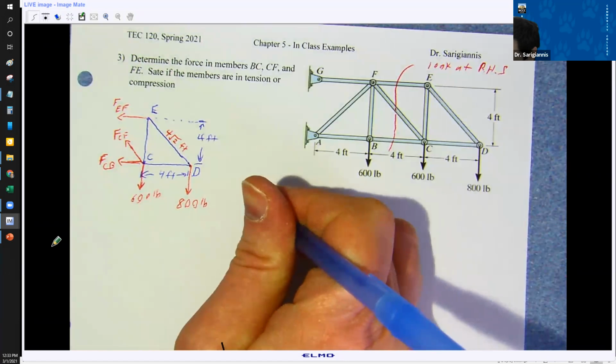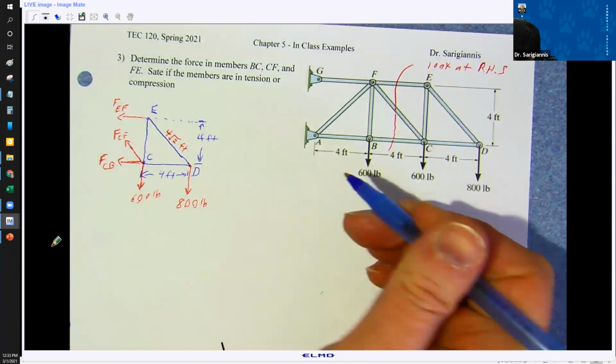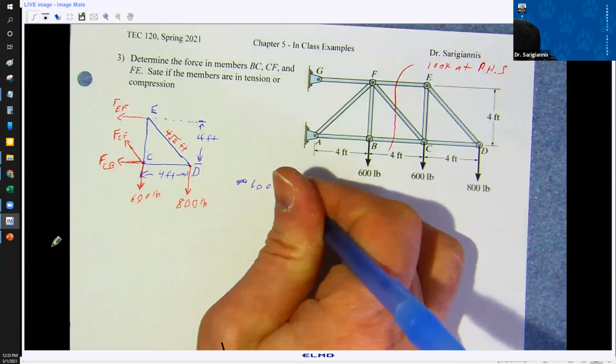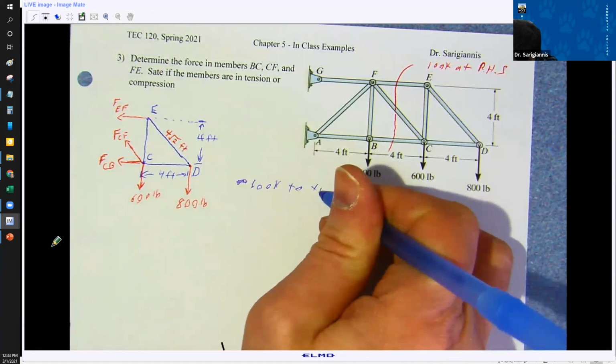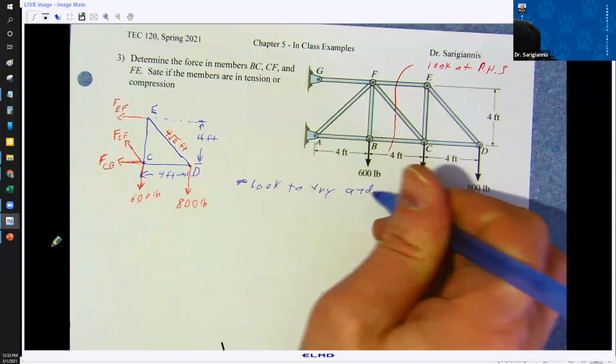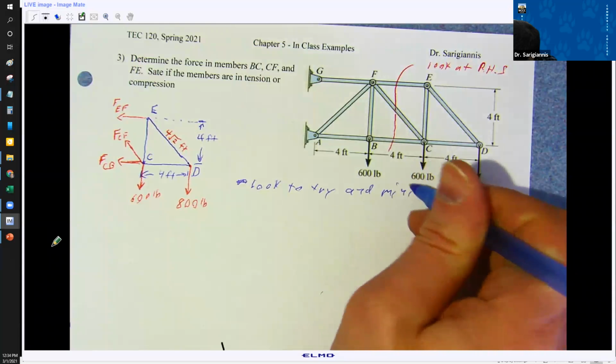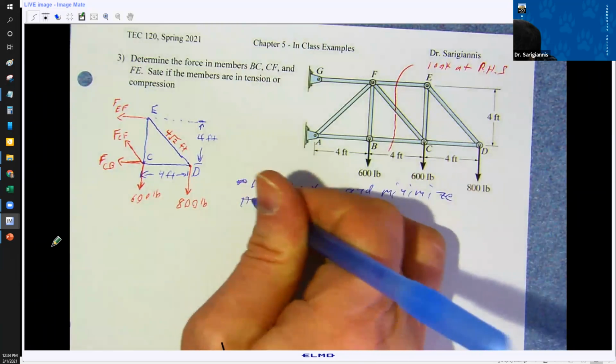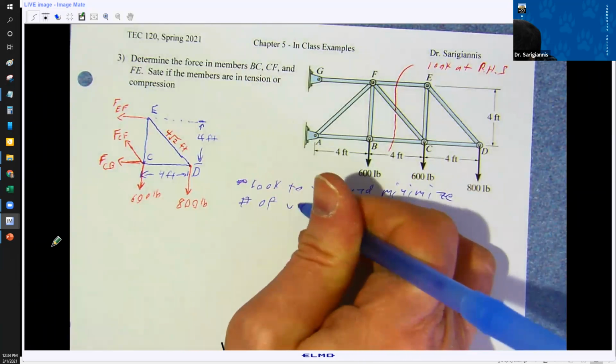So I'm going to start with, let me just put a comment. Look to try and minimize number of variables.